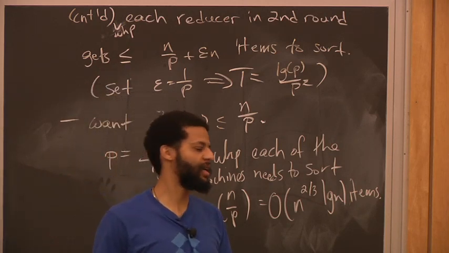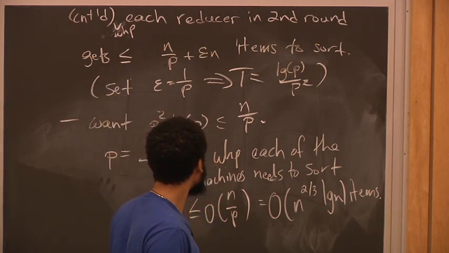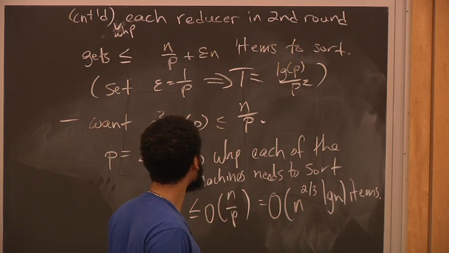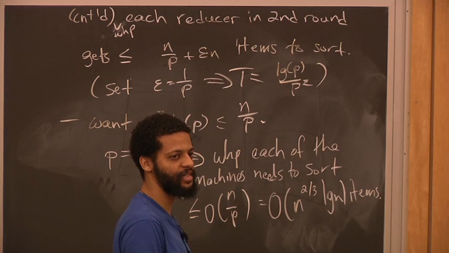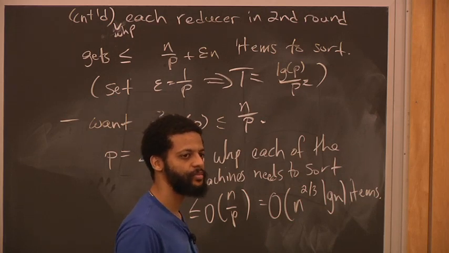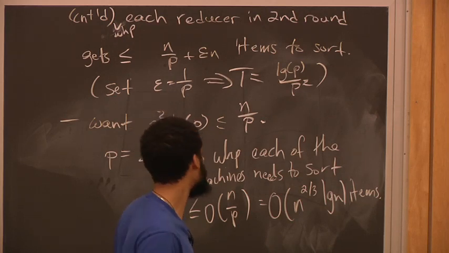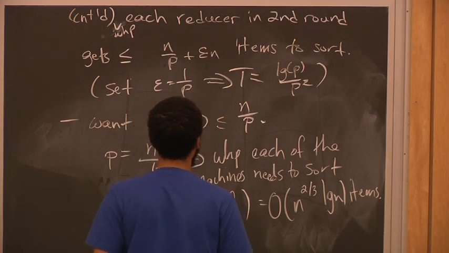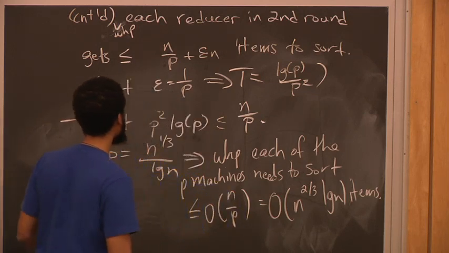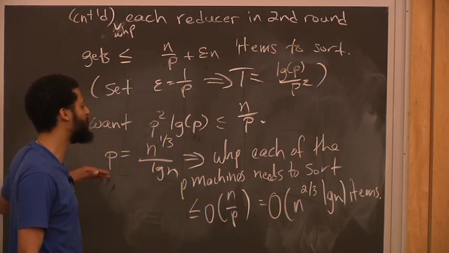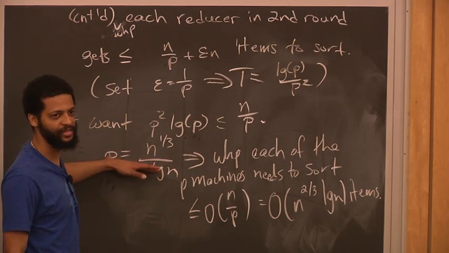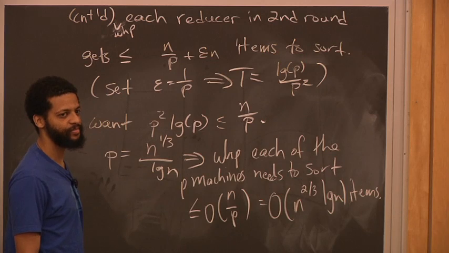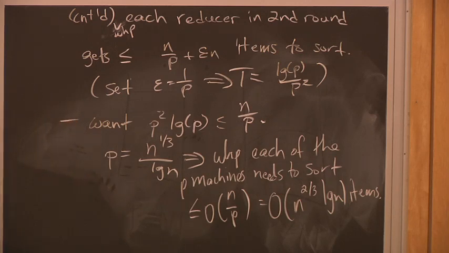But once the number of machines you have is more than n to the 1/3, this algorithm isn't getting any better, basically. But what if you use less? If you're using less, you'll still get some kind of advantage. You keep getting more and more advantage as p grows, up until this point. Yeah, with this particular algorithm.